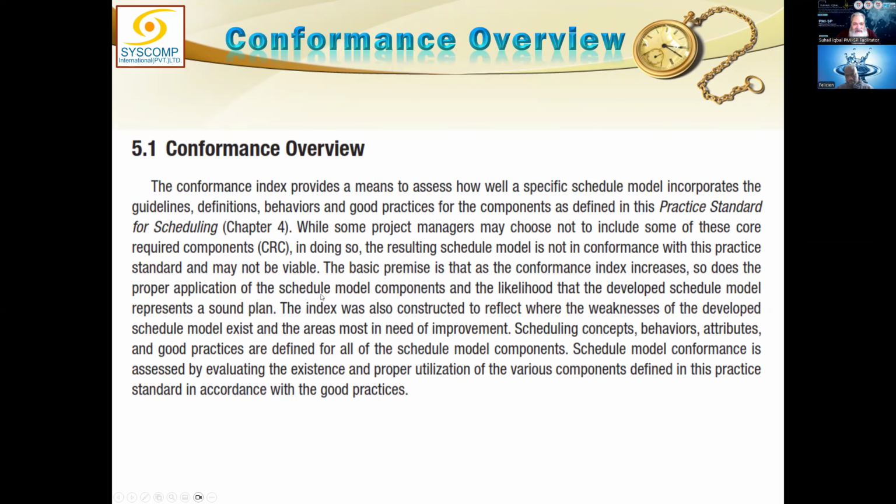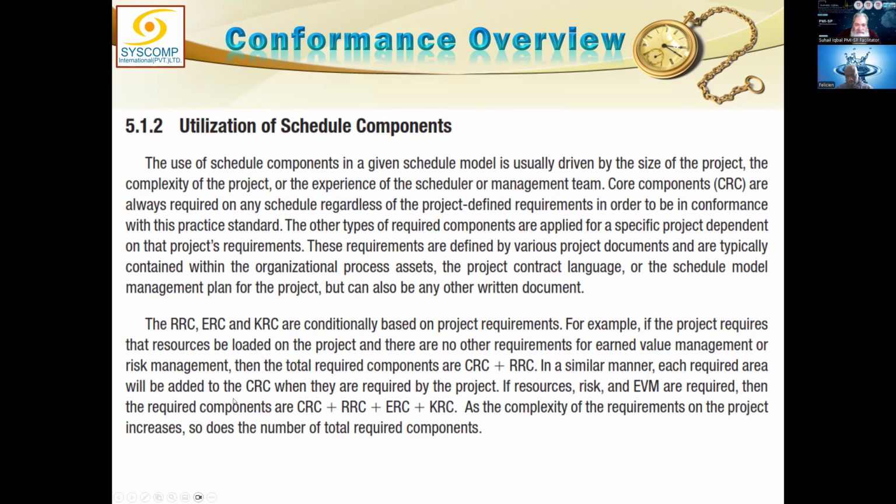We already understand that there are required items. We also call them core required components, CRC, which were shown as R. Core required components, CRC, is equal to R, required. Then, in addition to the core components, we have other components like RRC, ERC, and KRC.